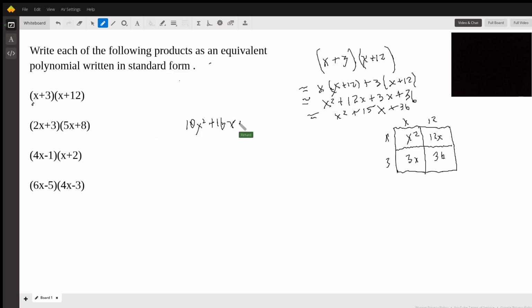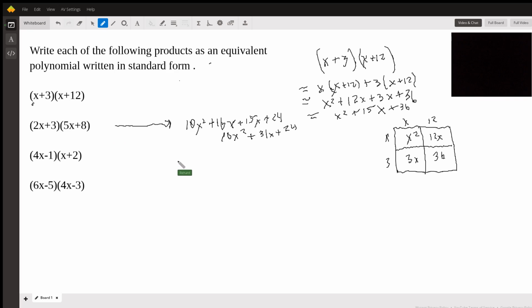It gives me 15x, 3 times 5x, and then 3 times 8 is 24. Now we just combine like terms, so that's going to give me 10x squared plus 31x plus 24. So that's this one here.